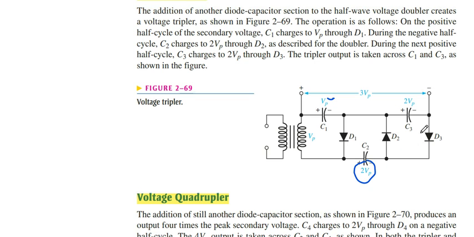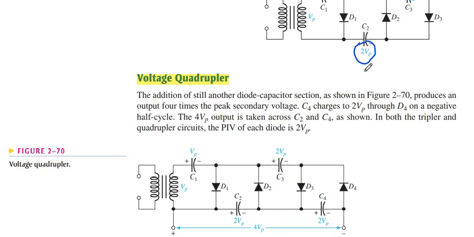On the third wave passing through the circuit, D3 is forward biased and the voltage is again very high, and this capacitor discharges and charges this capacitor to 2Vp. So when we get the output voltage across these terminals, we get 3Vp.